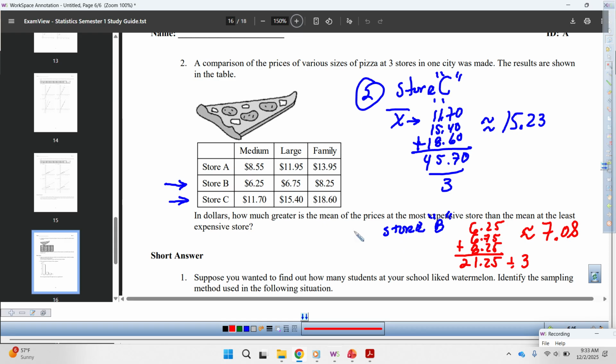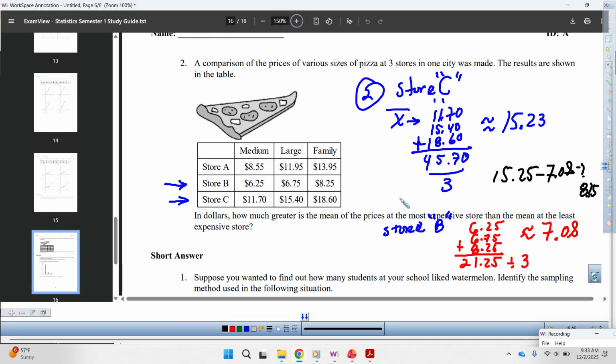All right, is that all we have to do? No, it says, how much greater is the mean of the prices of the most expensive store? How much more? So what do we need to do with these two numbers? Subtract, that is correct. So then I want to see you guys do 15.23 minus 7.08, and that gives us 8.15.